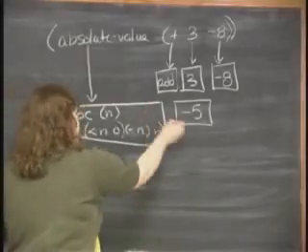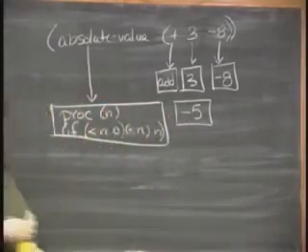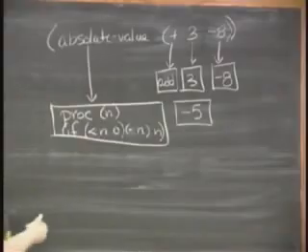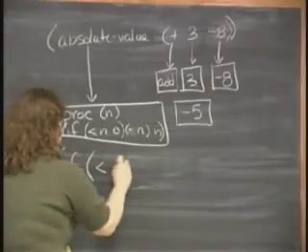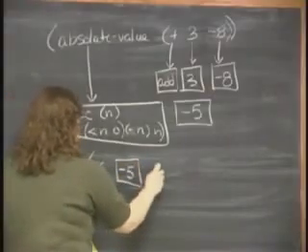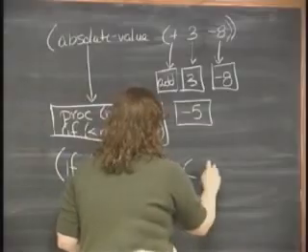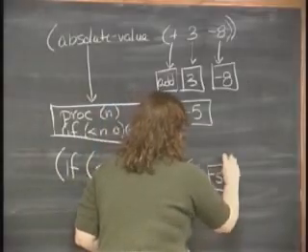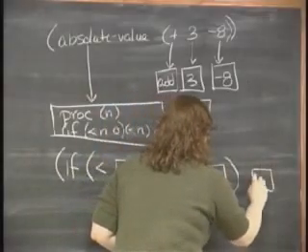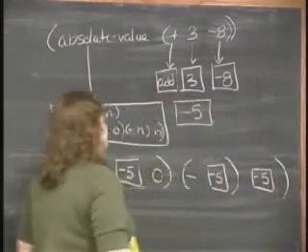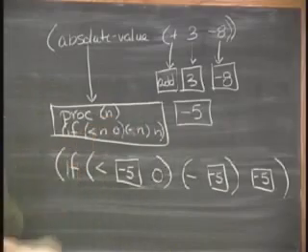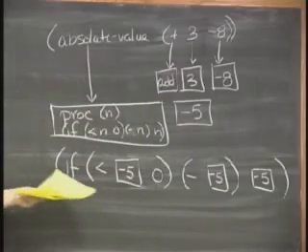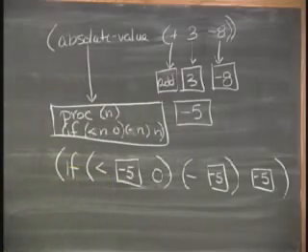We're going to take this and substitute it in for every occurrence of n in our procedure. So if negative 5 is less than 0, negative negative 5, our substitution step. We substitute the arguments for the parameters of the procedure.